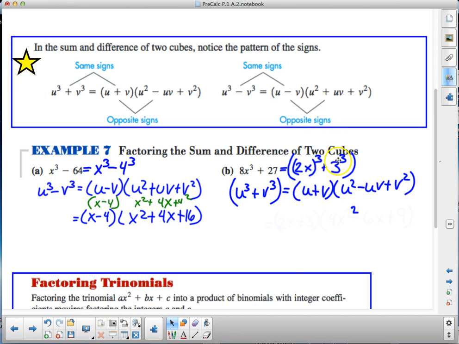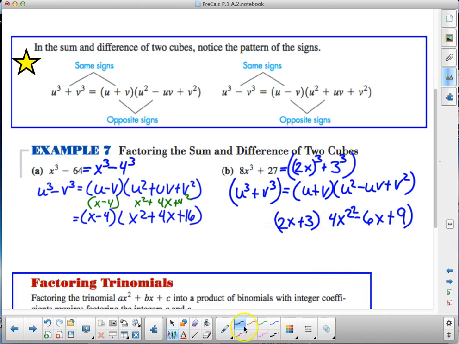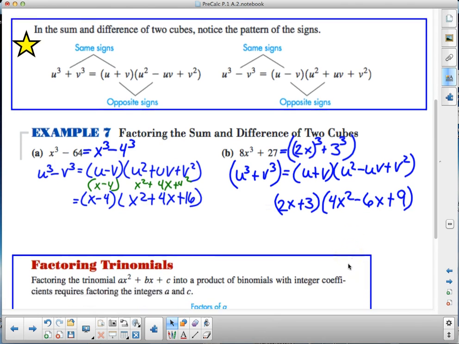This is 2x, this is 3, so that's my leading, 2x and 3. That's going to be 4x squared. Somebody forgot to put a parenthesis in here, so we'll get that going. Not sure why I have that extra 2 there, so we're going to dump that out. But now we've got 2x plus 3 and 4x squared minus 6x plus 9, and that's our solution for this example.